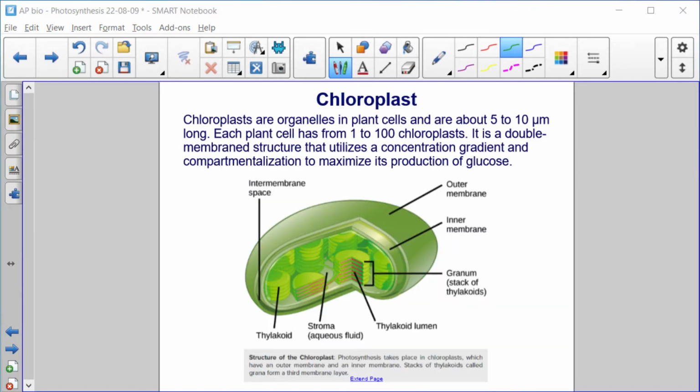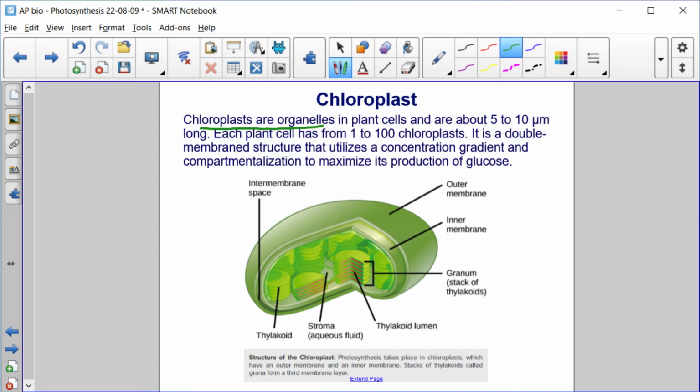Let's look more closely at chloroplasts. Chloroplasts are organelles in plant cells and are about 5 to 10 micrometers long. Each plant cell has from 1 to 100 chloroplasts. It is a double membraned structure that utilizes a concentration gradient and compartmentalization to maximize its production of glucose.